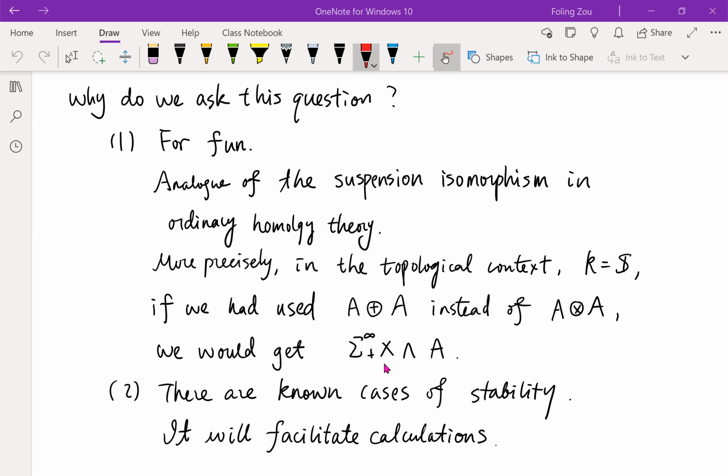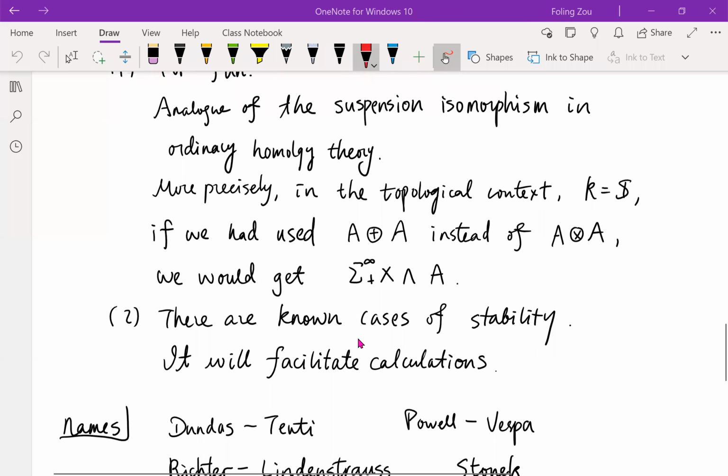Then we would just get the homology. So there is a way to modify the Lode construction such that we do get homology. And also, there are actually known cases of stability, and in those cases, it will help us in calculations because we have one more tool to use.